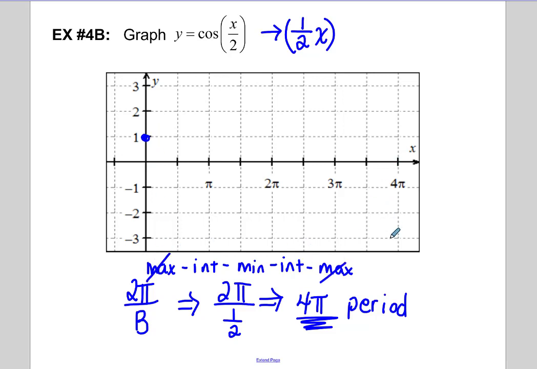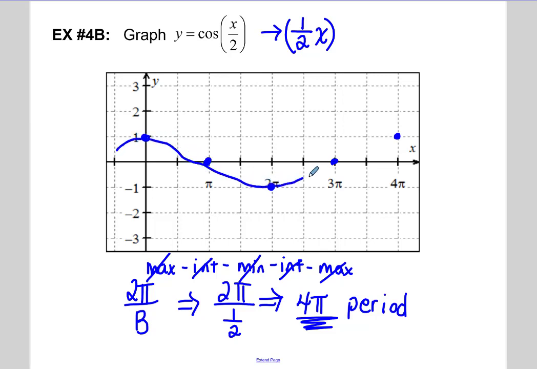My other maximum is going to be out here at 4 pi, 1. Where's our minimum? In the middle, at 2 pi, negative 1. And then an intercept, the first intercept is going to be at pi, and the last intercept is going to be at 3 pi. So, a nice smooth curve.